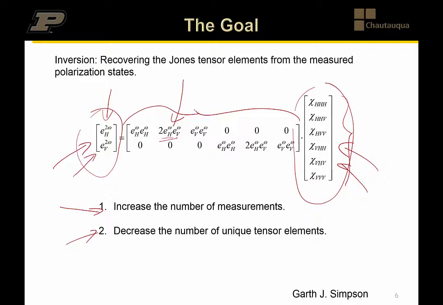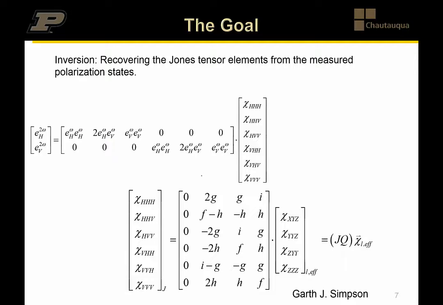Basically make this, instead of a 2 by 8, 2 by 6, make it an arbitrary number n by 6, and then that way we can invert that once we use the tricks of linear algebra to recover the unique elements in the Jones tensor in vectorized form. And before we do that, though, it really makes sense to think about how we might first consider decreasing the number of unique tensor elements. And one way to think about that is to use symmetry.